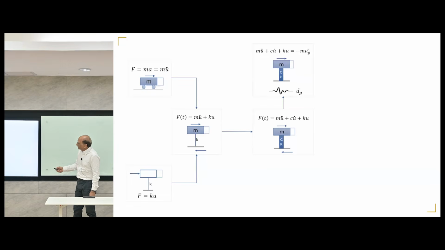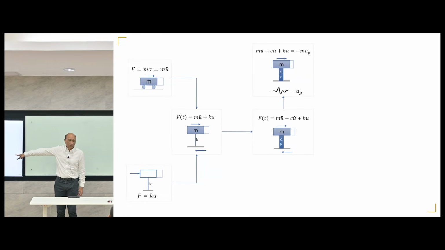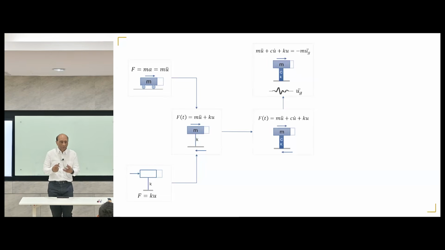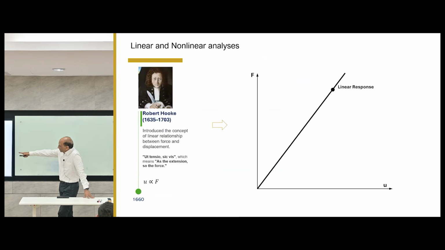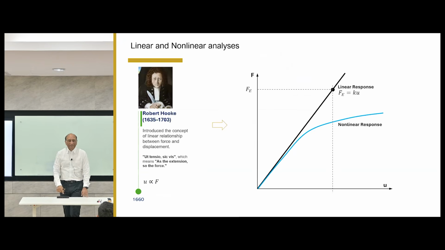But so far, they are assuming that everything is linear because we started with Mr. Hooke, who said it's linear. Like you said, it's proportional. This equation came from him. But then when people start to observe physical things, they said, okay, it's fine. But when they tested the material or they tested the structures first time, like you did in your class, they found that no, the actual response is not linear.